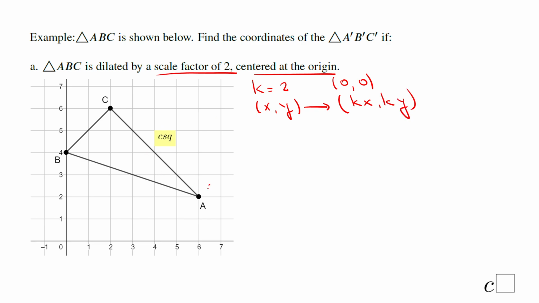Okay, so let's take every single point. We're going to start with point A. A has the coordinates 6 and 2. We're going to do a dilation by a scale factor of 2.